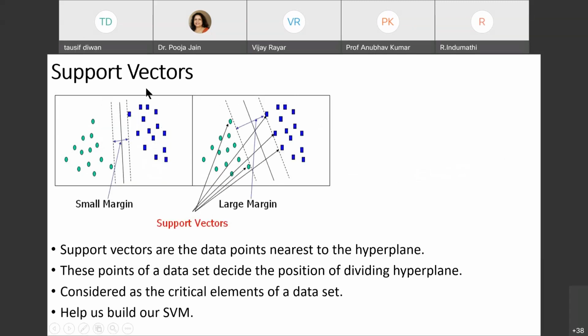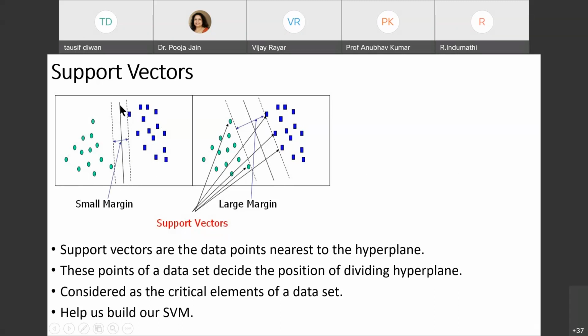Now have a look at this support vector. Suppose we take an example of binary classification: this circle belongs to one class and this square belongs to another class. Here also the same example is there. We are interested in categorizing this using a hyperplane.